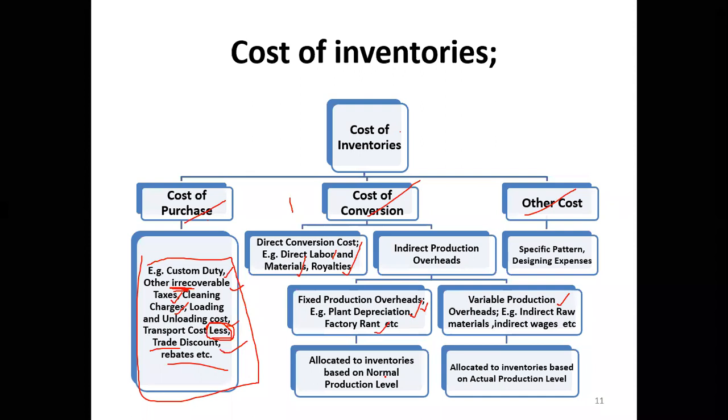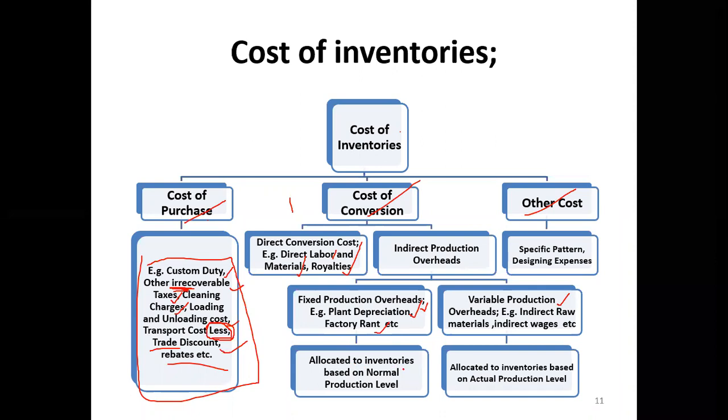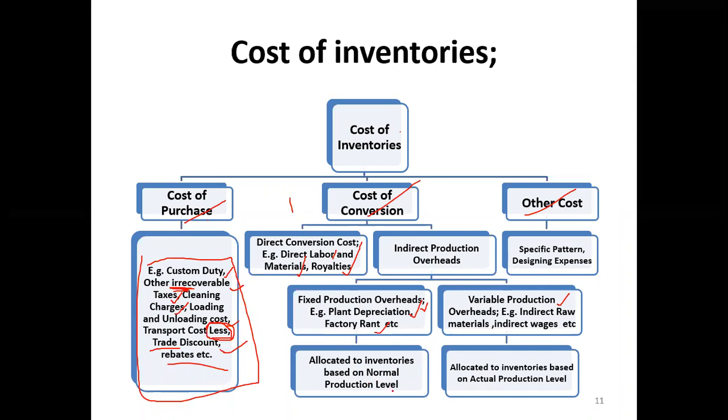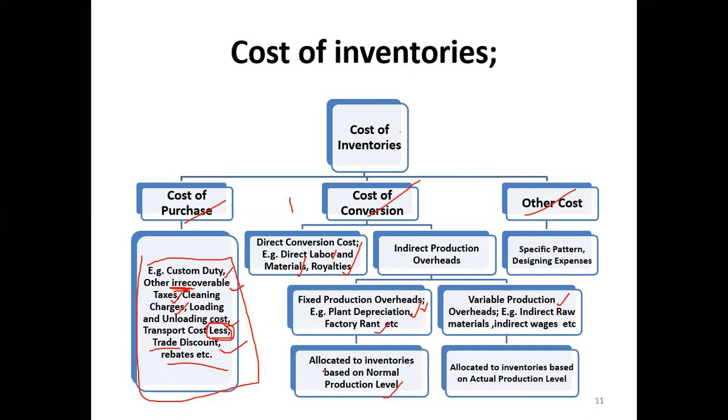We are here to discuss some adjustments, allocated to inventories based on normal production level, right? So when we allocate the production overhead, there are some adjustments to make. The fixed cost will be allocated to inventories based on their normal production level. We will discuss in detail in forthcoming slides.